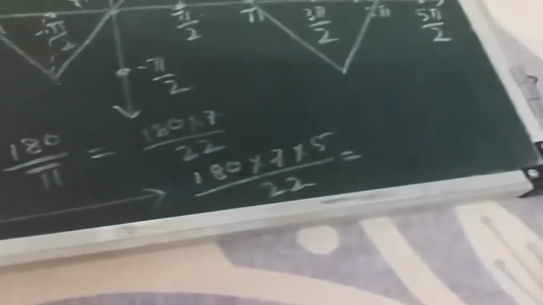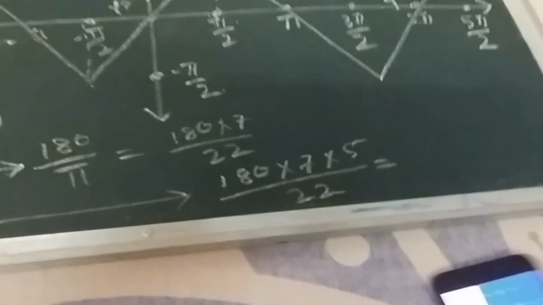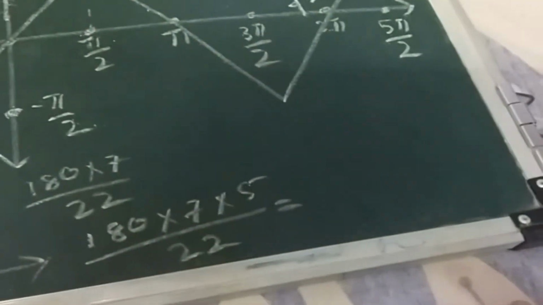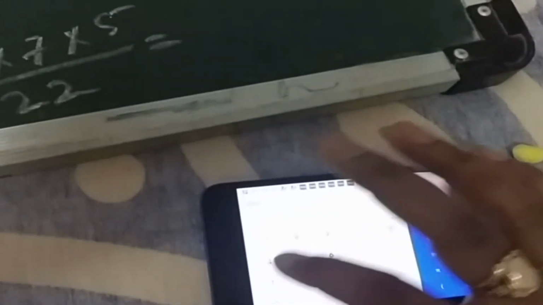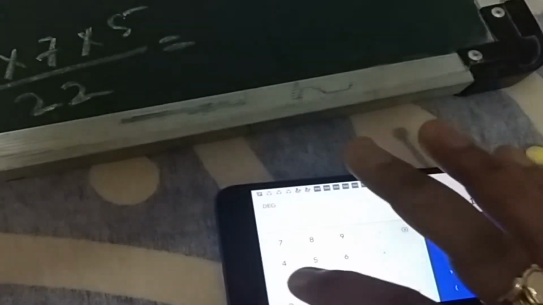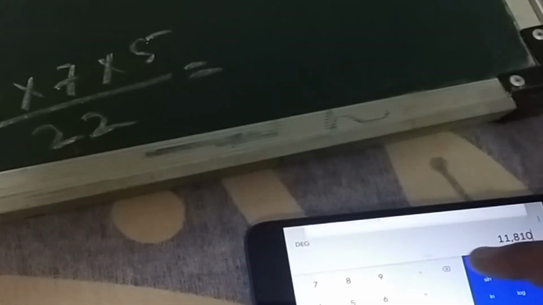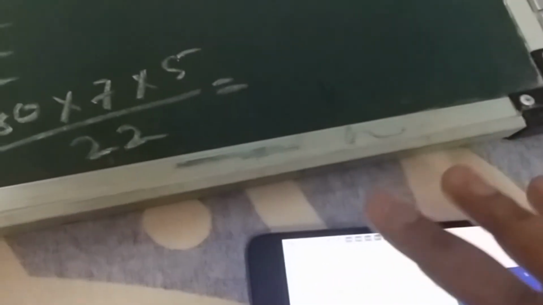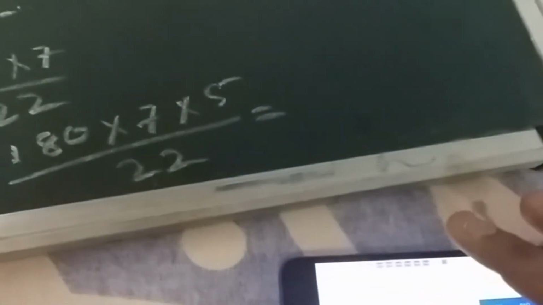Let me use calculator. Let me check how much angle is coming. Okay, so it is 180 into 35, so 6300 divided by 22.